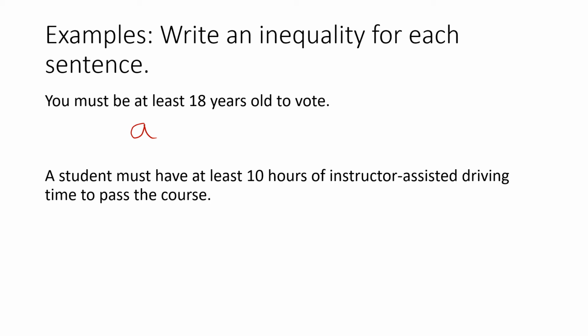If we look back at that table, "at least" is going to be greater than, first of all, since any number greater than 18 is going to work. But also 18 works, so it can be equal to 18, and that's why we use this sign. This really is a mix of the equal sign and the greater than sign. So A is greater than or equal to 18, because any number will work including 18.